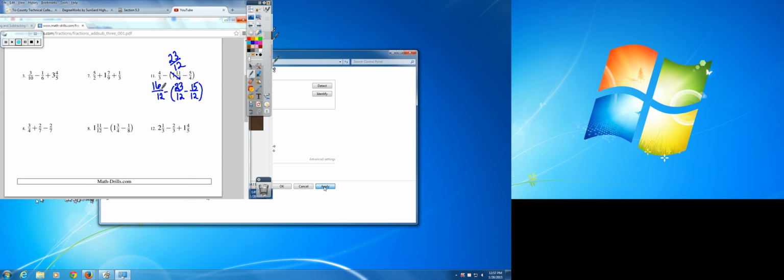And 23 minus 15 is what? 8. So 16 twelfths minus 8 twelfths is 8 twelfths, which reduces down to what? 2/3. And that's it. 2/3.